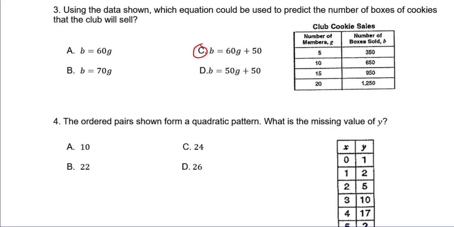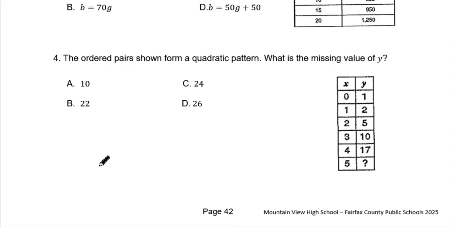Alright, and then the last one. It says here, the ordered pairs show the form of a quadratic pattern. So basically when I put these in Desmos, you should see some sort of a parabola, like that. It could either be going up or going down. What is the missing value for y?